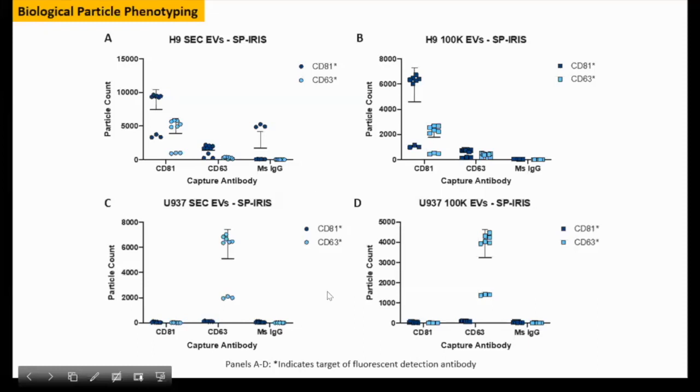And as you can see, events on CD63 capture spots were also positive for CD63 by fluorescence. So these are the light blue round shape, and CD81-linked fluorescence was at the background level for all spots with U937 EVs, and this is also consistent with what we saw in Western blot results.